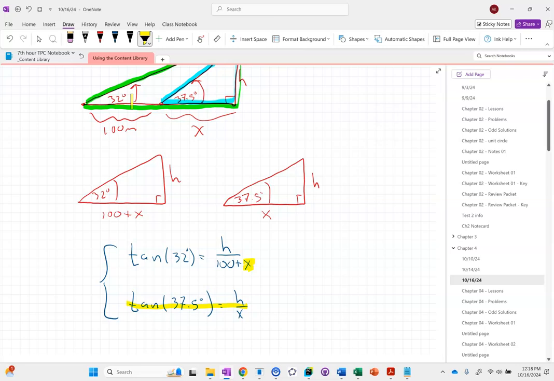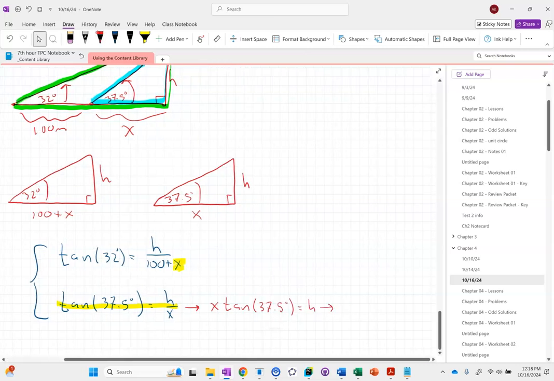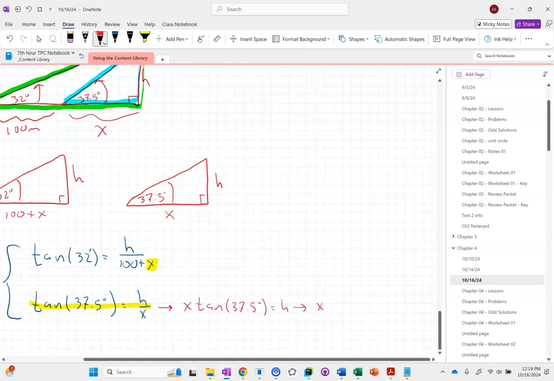Because what are we trying to solve for here? It's h, right? So if I do that, I'd multiply both sides by x, and then divide both sides by tan 37.5.